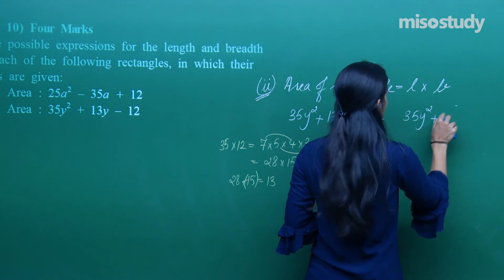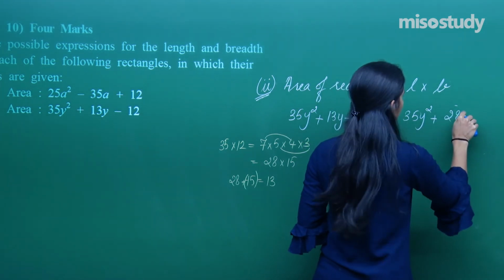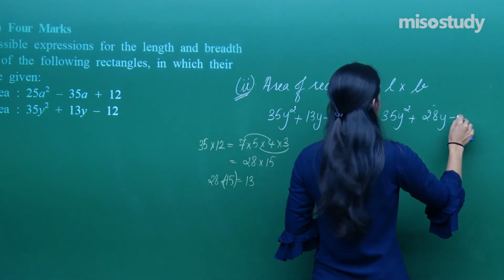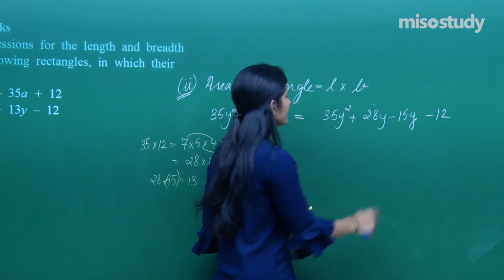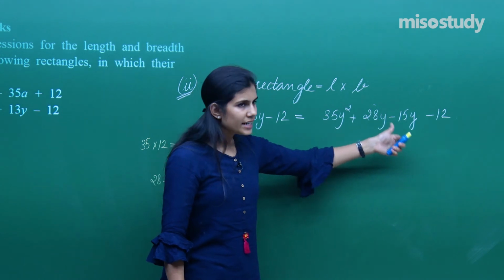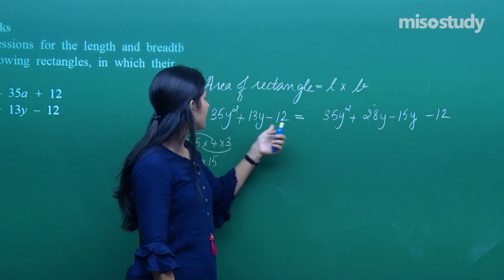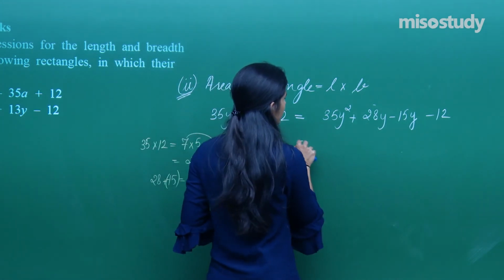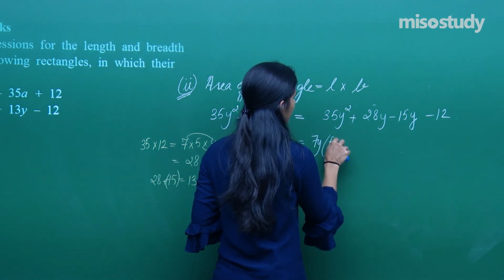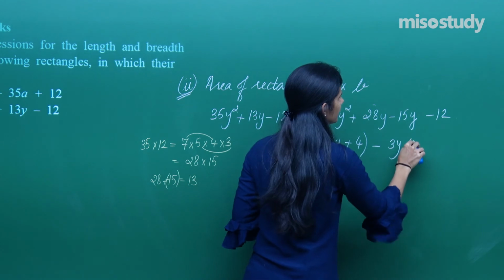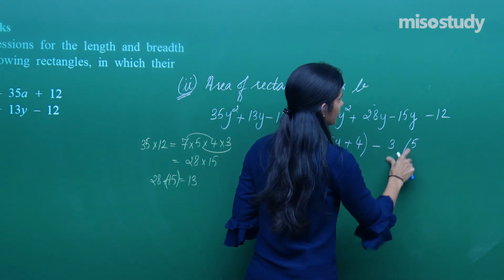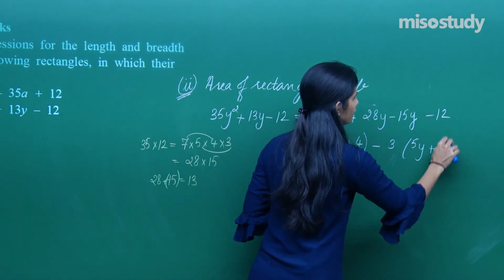35y square plus 28y minus 15y minus 12. Now 28 minus 15 gives you 13 and 28 into minus 15 gives you 35 into minus 12. So this is 7y, 5y plus 4, minus 3, 5y plus 4.